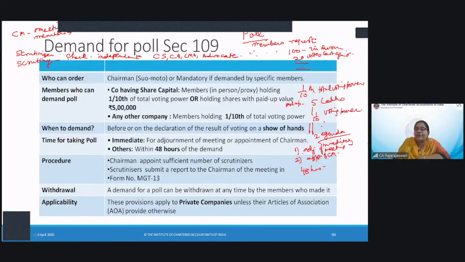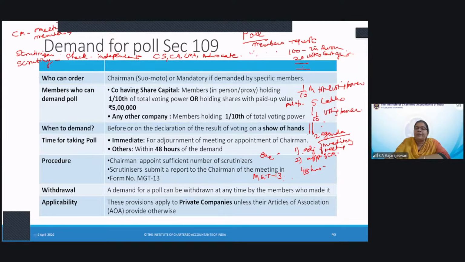Then what is the procedure? The chairman appoints a sufficient number of scrutinizers. When I say sufficient, if one scrutinizer is sufficient, even one person is sufficient. Minimum one you have to appoint, who should submit their report in MGT 13 to the chairman for him to publish it.